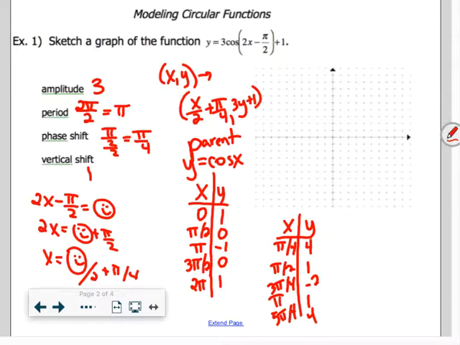So this is going to be important when we're done. So I'm going to make my ticks go by pi over 4s. So here's pi over 4, 4. Pi over 2 is 1.